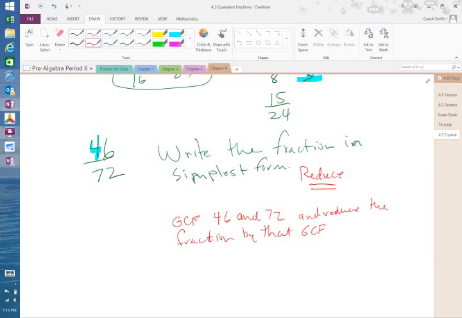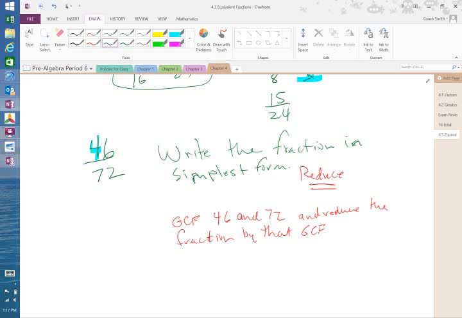Okay? So, what is the greatest common factor between 46 and 72? Okay, we know that 2 goes into it. Is there any other numbers that go into it? 9, no, 9 doesn't go into 46. 7 doesn't, 6 doesn't, 5 doesn't.